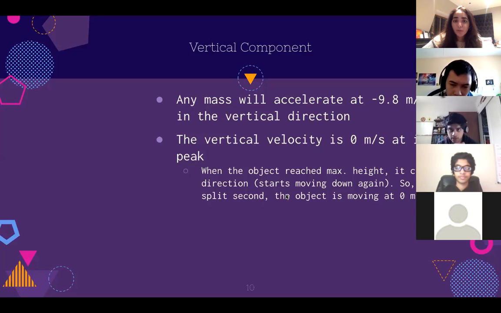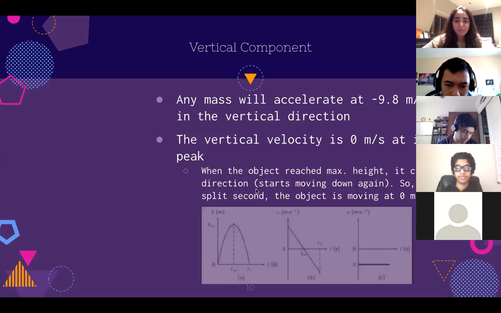For the vertical component, we explored this before. It has an acceleration of negative 9.8 meters per second squared, and the velocity is 0 at its maximum peak. This is because it has a positive velocity that reduces until it reaches 0 and continues to become negative, which is when it goes in the negative direction.